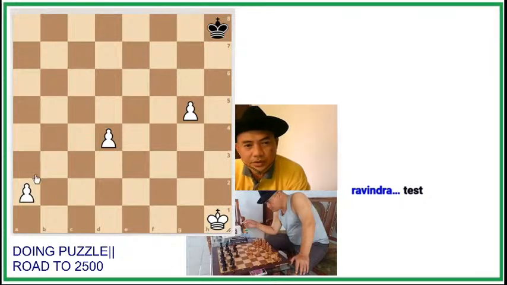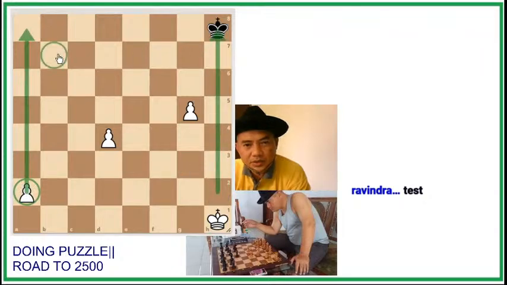So we have to remember when the pawn is on the a file or the h file, then the key square is on this square. It will assure white of victory.